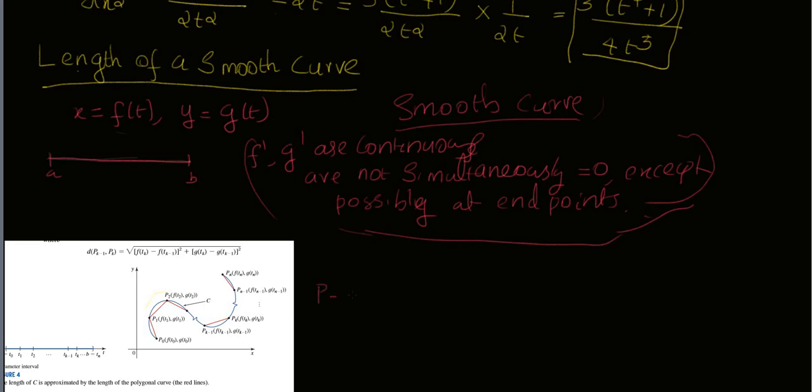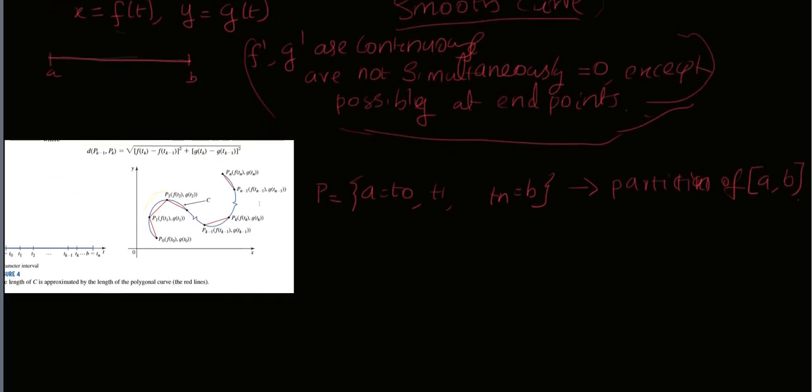Let P equal A equal to t0, t1, etc., tn equal to B be a partition of AB. You know that from Riemann integration, where we studied partitions. Here I would like to explain using a picture.